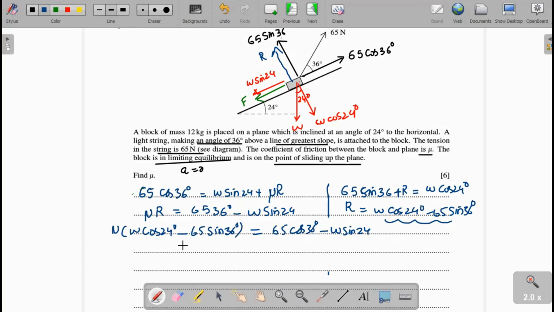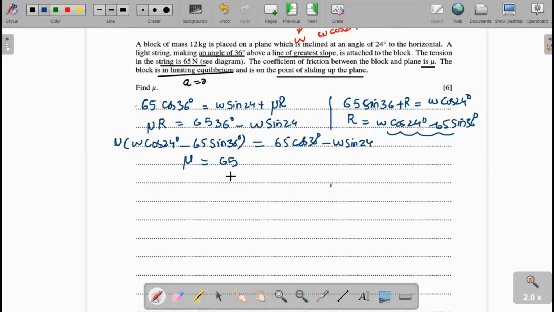Therefore mu will be equal to (65 cos 36 degree minus W sine 24) over (W cos 24 degree minus 65 sine 36 degree).